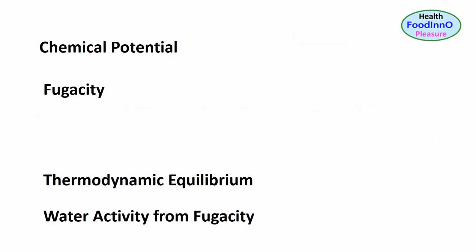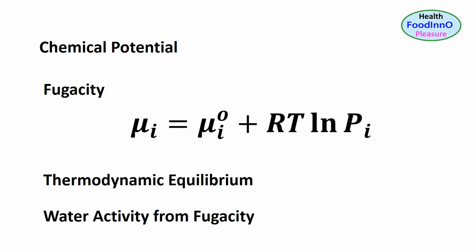The water activity concept originates from the energy state thermodynamics of foods, while water content or moisture content is the composition of a food. Water activity originates from the chemical potential, fugacity, and thermodynamic equilibrium. The chemical potential can be written as, therefore here we need to understand a few things.